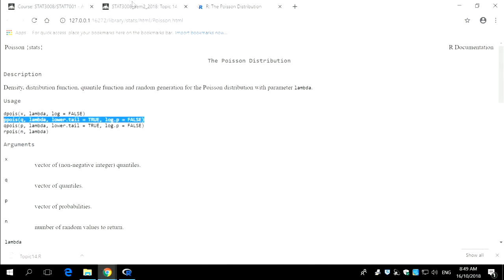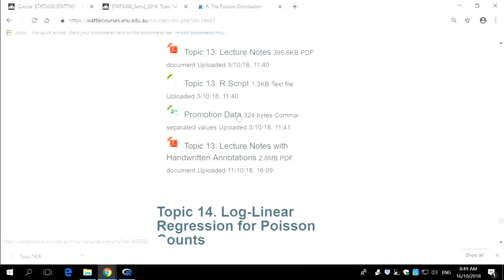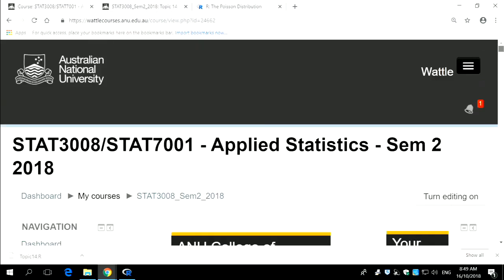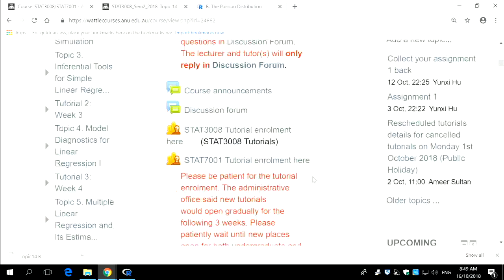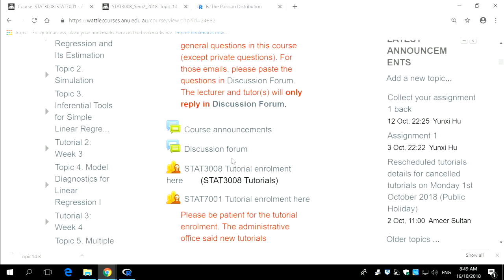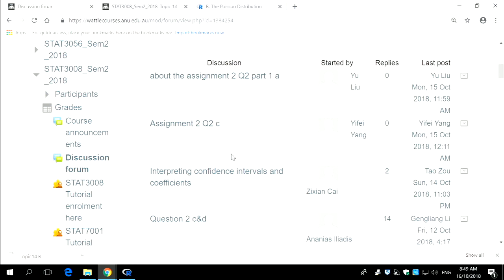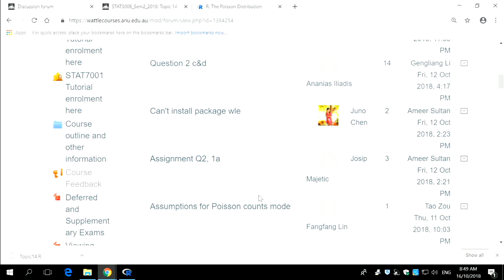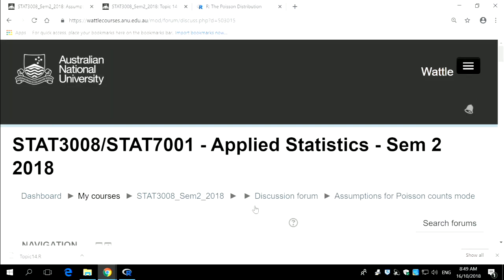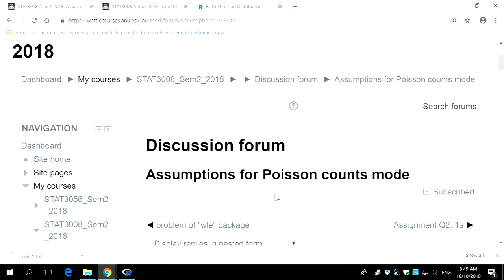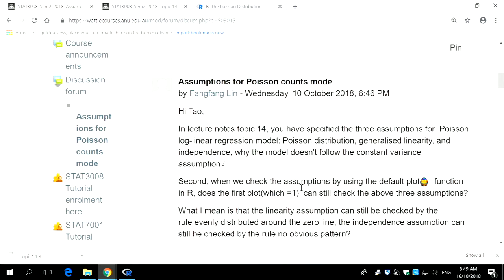The students on the discussion forum have already read the lecture notes, and they have some questions about the diagnostics. So let's look at those questions first, as the motivation, and then look at the details of these three diagnostic tools.